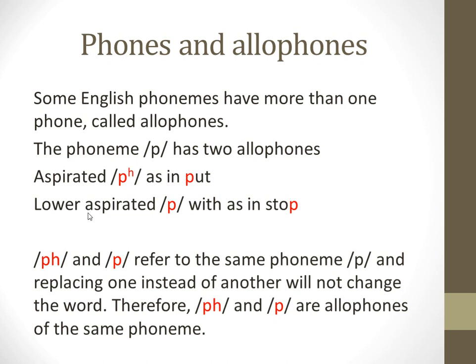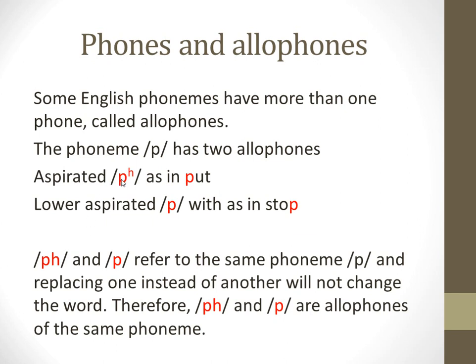We have an unaspirated P, as in the word "stop." If you pronounce "stop," you can feel that there is no explosion coming out of your mouth, and this P here is an unaspirated P.